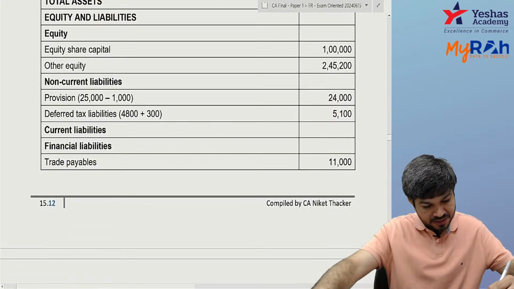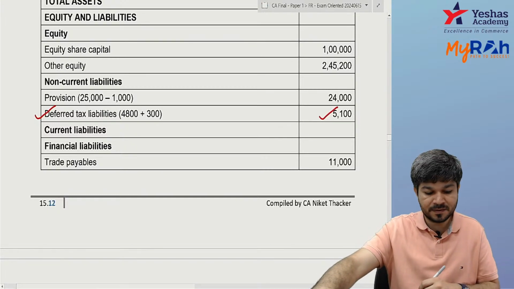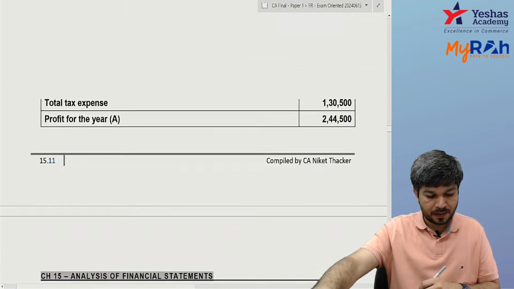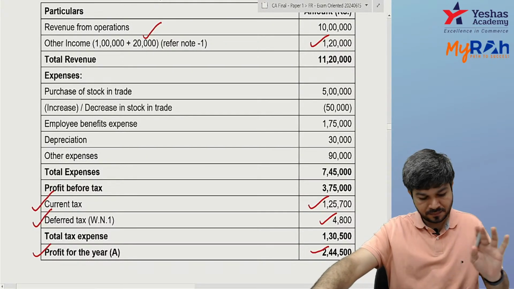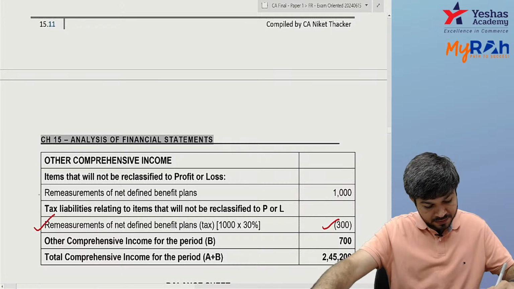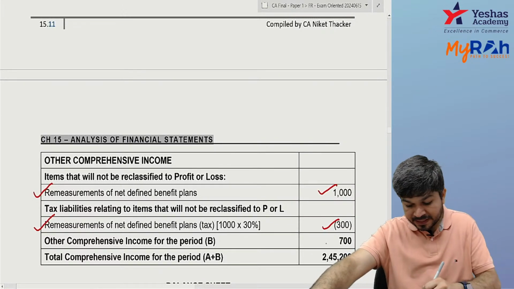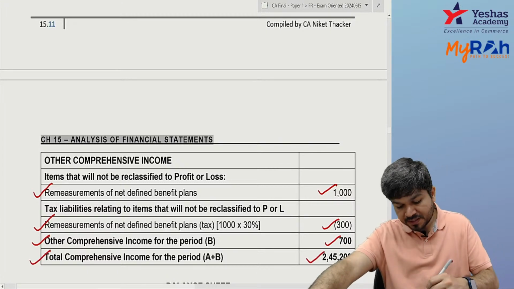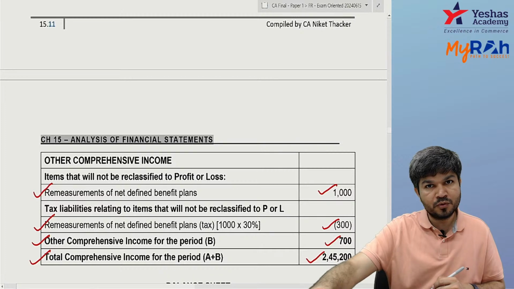Did you get it? So profit is done, and on the remeasurement of 1,000 rupees there is a 300 effect. Net in OCI is 700. Total comprehensive income is 245,200.